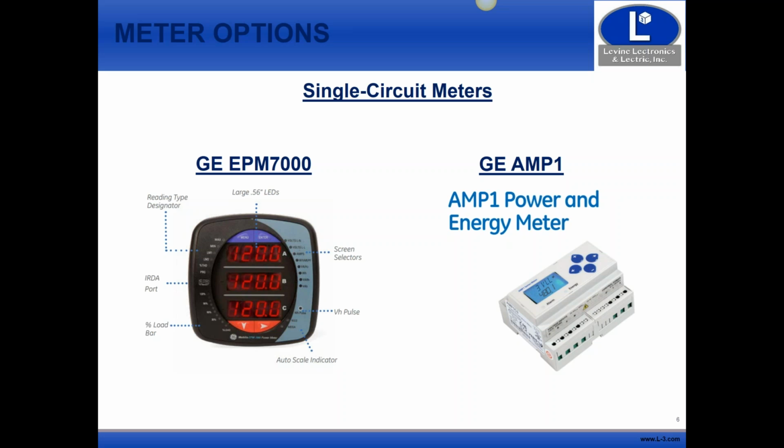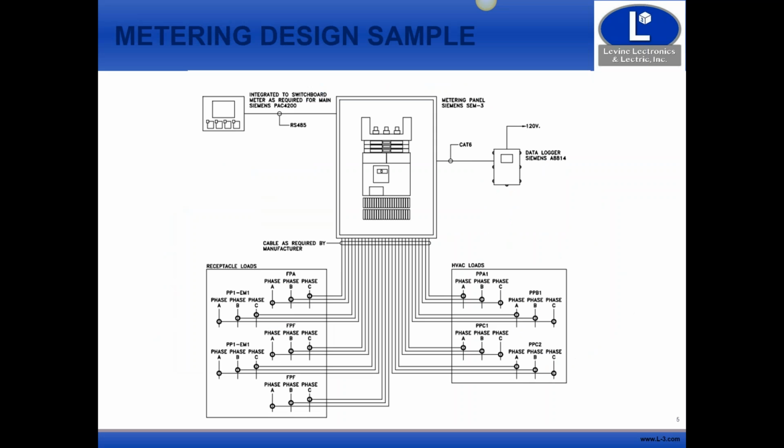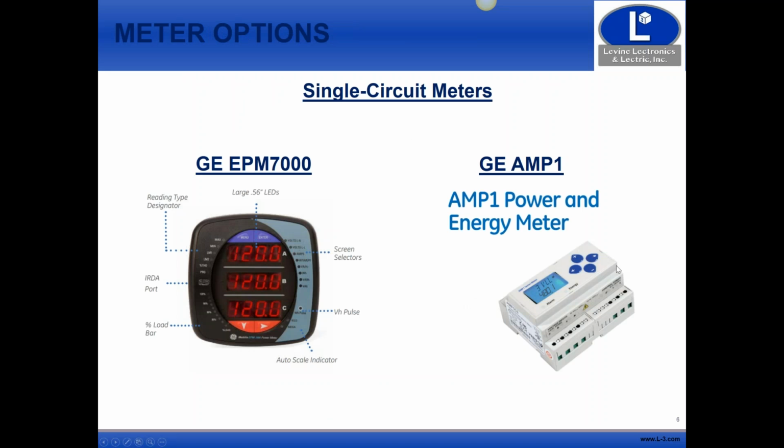Again, it's along the same lines as this one, where you're going to have CTs either in the switchboard at the breaker where it comes off and they're being fed from, or inside the panel itself, wherever the panel is located. So you're going to have CTs coming in for this one, going back to this meter.